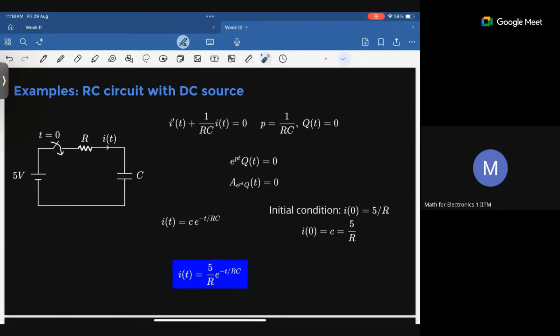The differential equation would be different, and P and Q of t could be different, and using them you find the antiderivatives. You can take the initial voltage across the capacitor as 0, get an expression for voltage across the capacitor and try to plot that also, and similarly with voltage across the resistor.